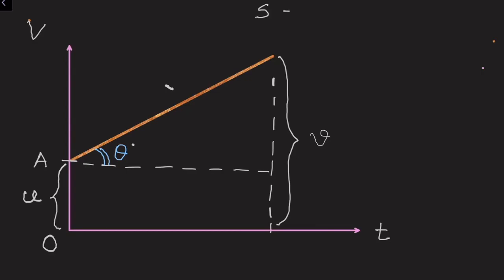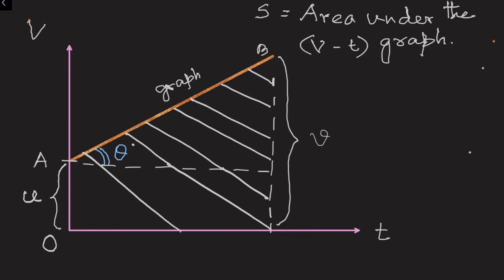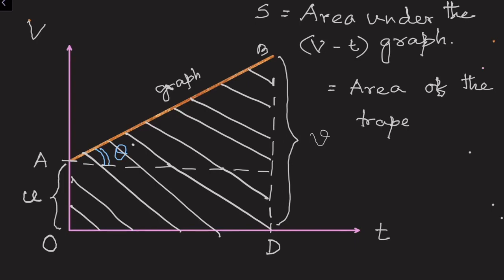So s equals to, as we know, area under the VT graph. So area under the graph, this is the graph, and area under this line AB is this one. So we have to find this area of what? Area of the trapezium, and name is ABDO, this one.